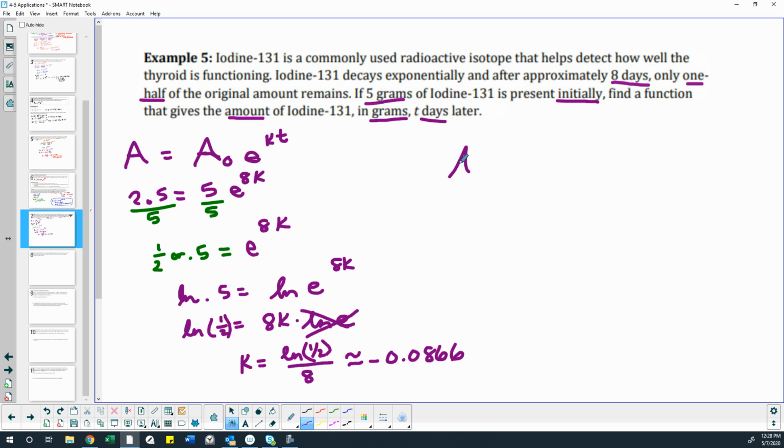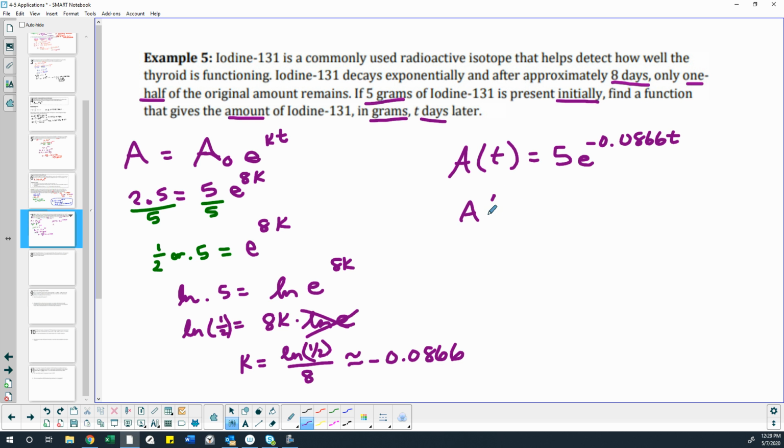So there are 2 different ways we could write out our function. We could write it as 5e to the negative 0.0866t, because that was k, so we're putting that in for k.